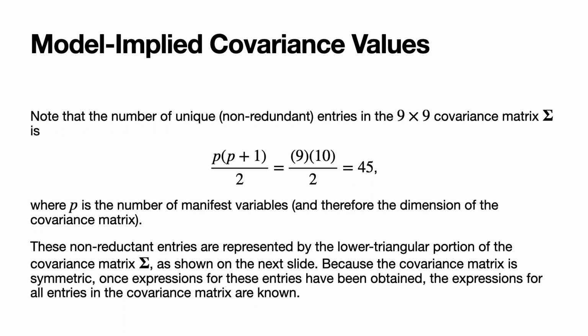These non-redundant entries are represented by the lower triangular portion of the covariance matrix capital Sigma as shown on the next slide. Because the covariance matrix is symmetric, once we have expressions for these entries, the expressions for all entries in the covariance matrix will be known.